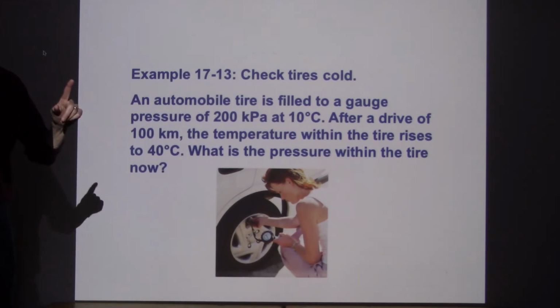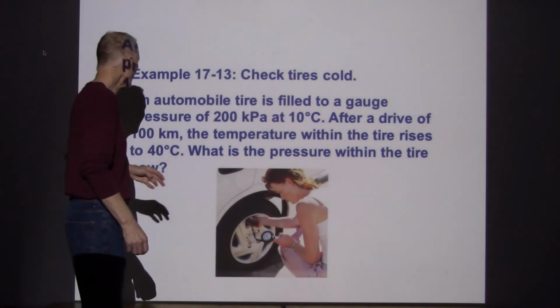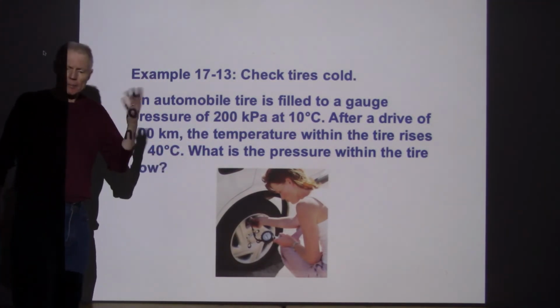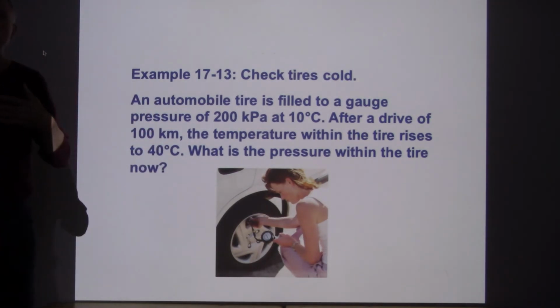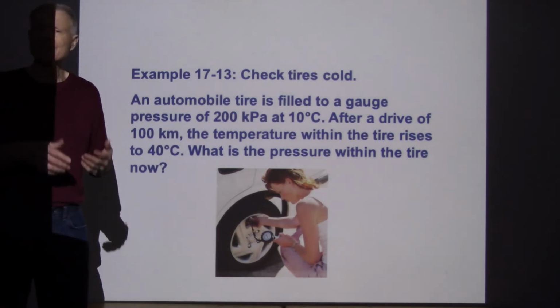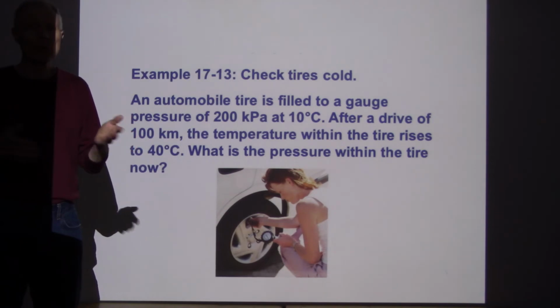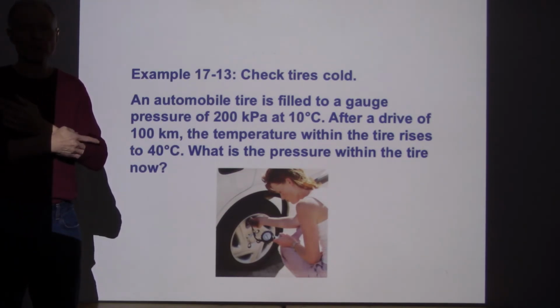Now, a couple things we can point out here. First of all, if I go from 10 to 40 Celsius, how much of an increase is that in the kinetic energy of the molecules? Celsius scales are not authentic. They're false scales because they don't tell us how much energy directly.